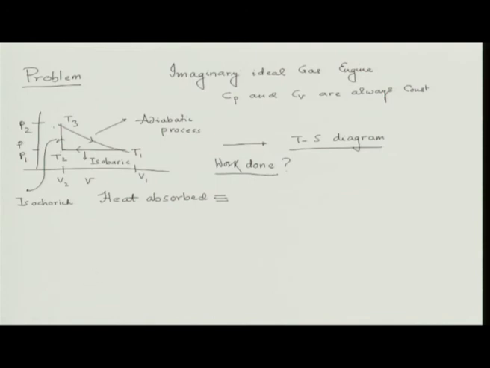Now, in this process, how much heat will be absorbed? Volume is kept fixed, so Cv (T3 minus T2). T3 must be greater than T2 because pressure is increasing, keeping volume fixed.